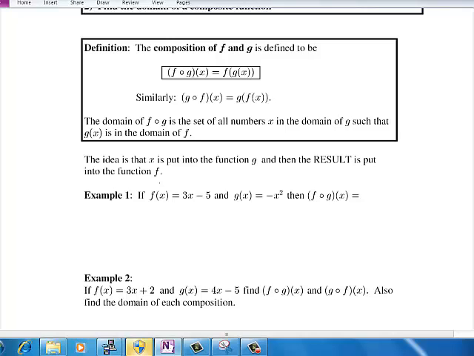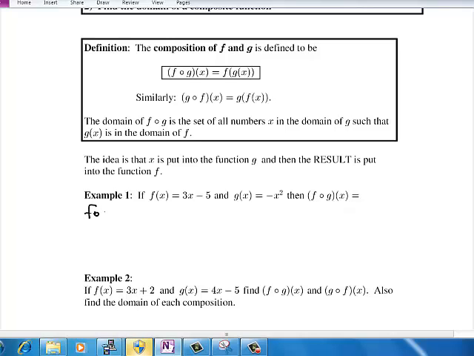So let's take a look at some examples. In example 1, if f of x is 3x minus 5 and g of x is negative x squared, we want to find the symbols for what f circle g of x would look like.